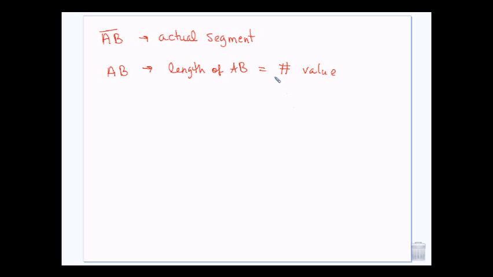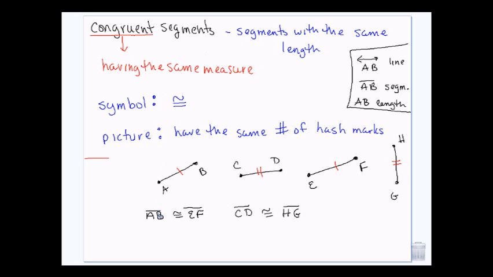Okay. So in this case, this is a ruler, right? It's 12 inches. So the ruler itself would be AB with the line on top of it. 12 inches would be AB with no line. Does that make sense? Okay. So segments themselves can be congruent.